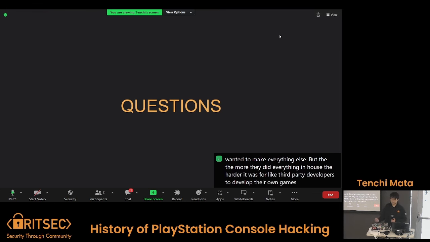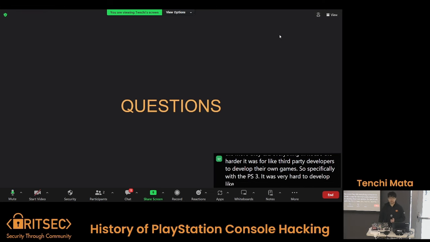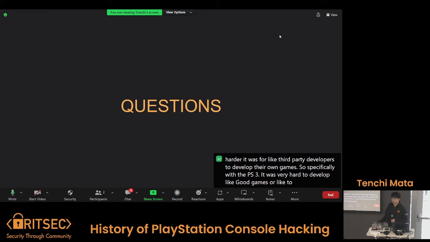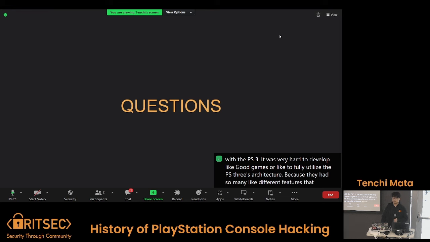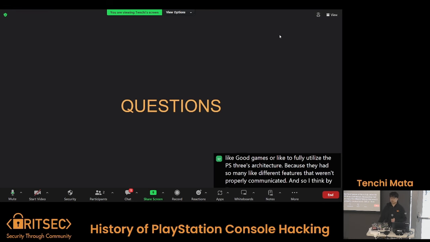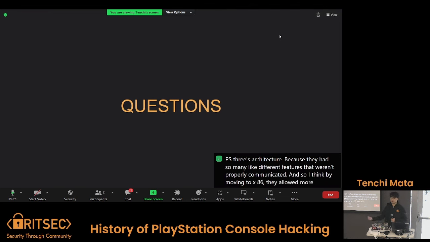Specifically with the PS3, it was very hard to fully utilize the architecture because they had so many different features that weren't properly communicated. By moving to x86, it was just more accessible to develop games. Does that answer your question?